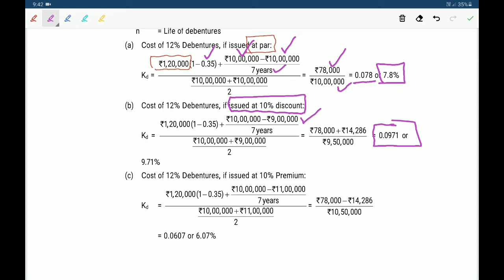In case of 10% premium, that means 110 rupees is the net proceeds from debentures. The remaining are the same, so that's why 0.0607, or 6.07%.